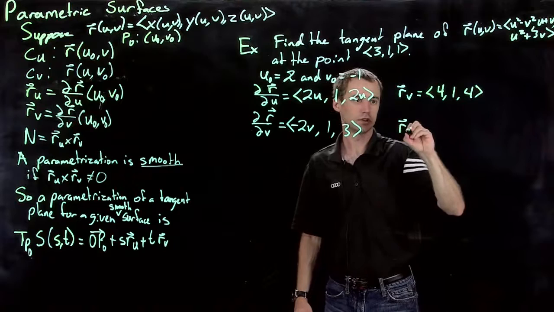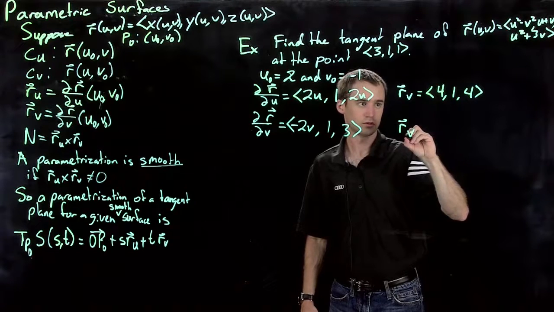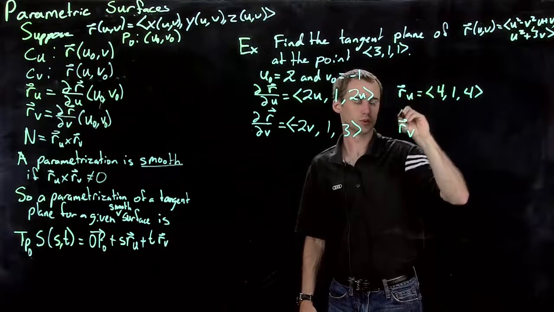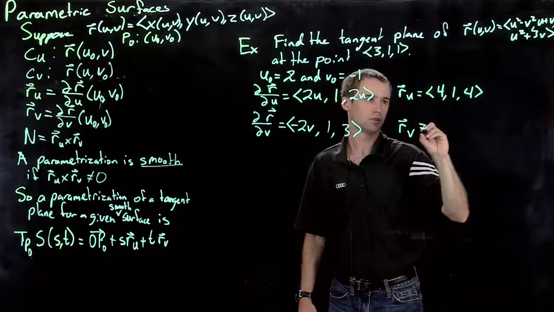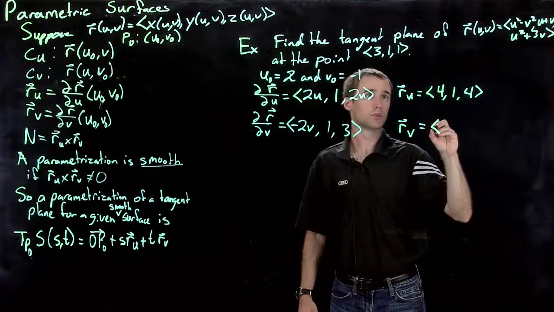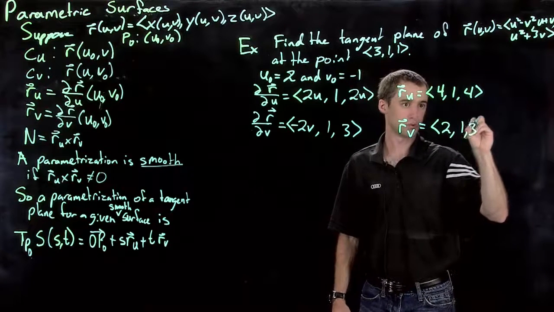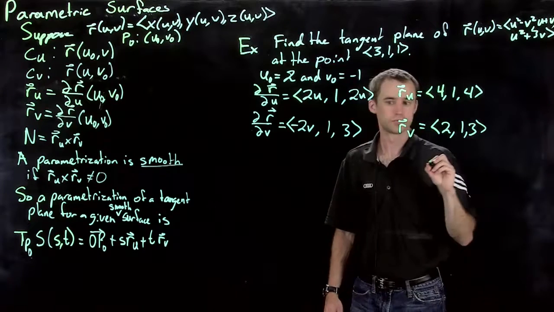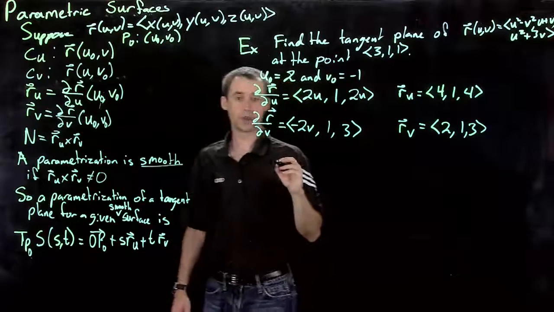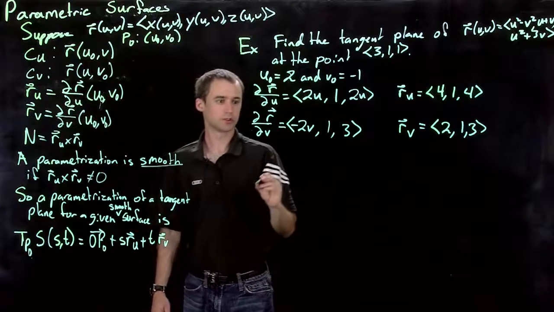And similarly, r_v is (2, 1, 3). So now we have the point and these two vectors, r_u and r_v.